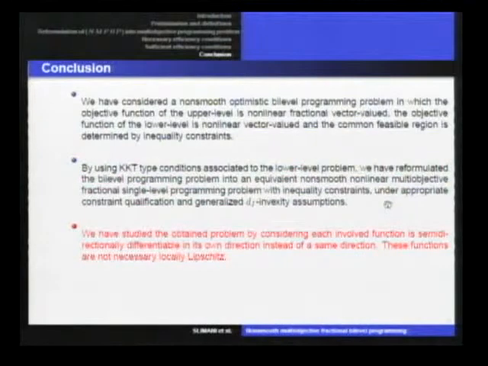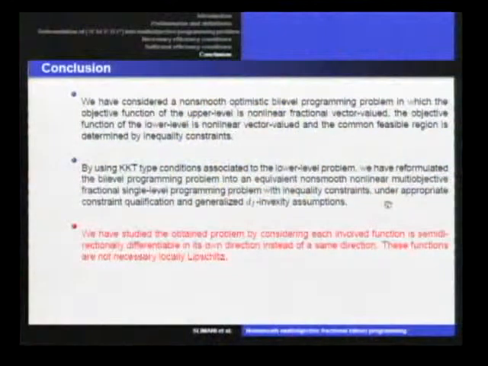Thus, we have studied the obtained problem, which is a multi-objective single level programming problem with inequality constraints, but by considering each involved function semi-directionally differentiable in its own directions instead of the same directions. These involved functions are supposed not necessarily continuous, hence not necessarily locally Lipschitz functions.